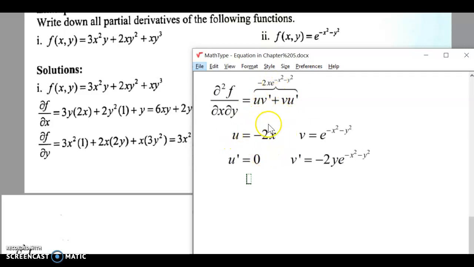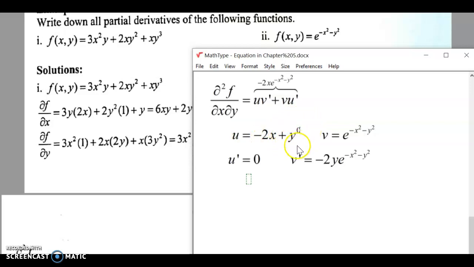There is no y term here, so when we conduct a derivative, it is 0. If you are not really clear on this, you can just assume it is like negative 2x times y to the power of 0, where we ignore the x terms.